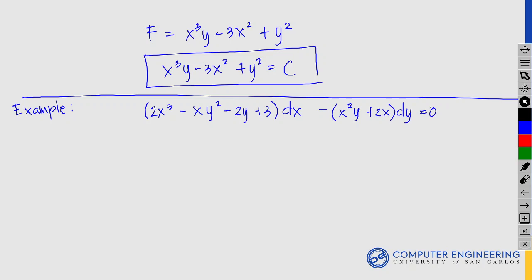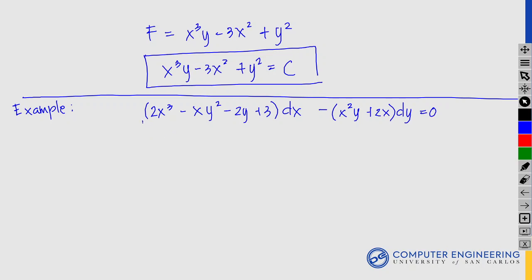Always check if a given problem can actually be solved with a prior technique or procedure. So of course, this is not variable separable. We can do a mental quick check if this is a problem of homogeneous coefficients. So this is third order term, second order, first order term. So automatically, we cannot solve this equation using the previous two techniques. So we have to check if we can use the exact equations solution.